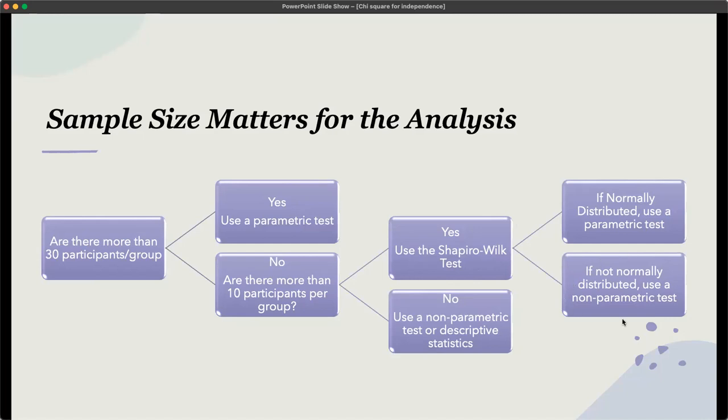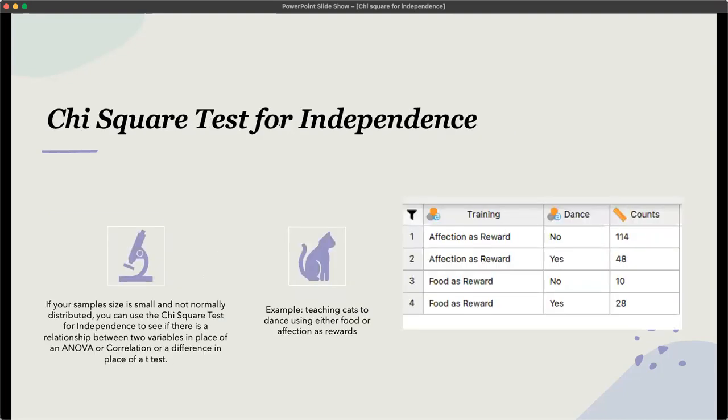So between 10 and 30 participants and the data is not normally distributed, we've got the chi-square test. Now, if you have less than 10 participants, you can use a chi-square, or you can use descriptive statistics. But just remember, the results of your chi-square test with such a small sample size are not going to be very reliable.